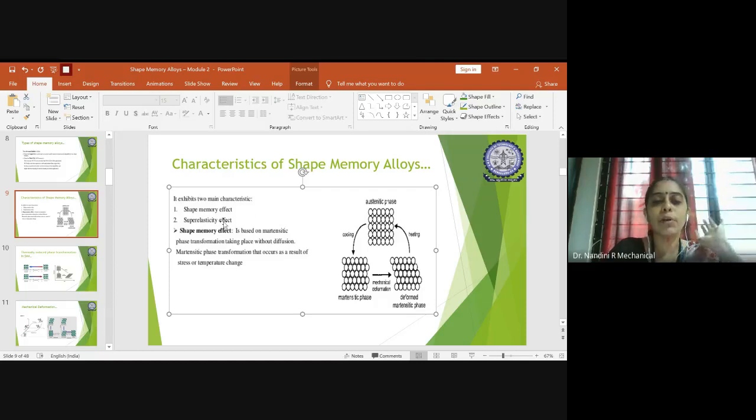Then only will it be able to achieve the super elasticity effect, because there are many materials which have an elastic state as well as plasticity. When you subject them to a certain load within a particular range, they can deform and come back to the original position. Suppose the viscoelastic foam, if you synthesize the polymers of viscoelastic foam, it will not be rigid.